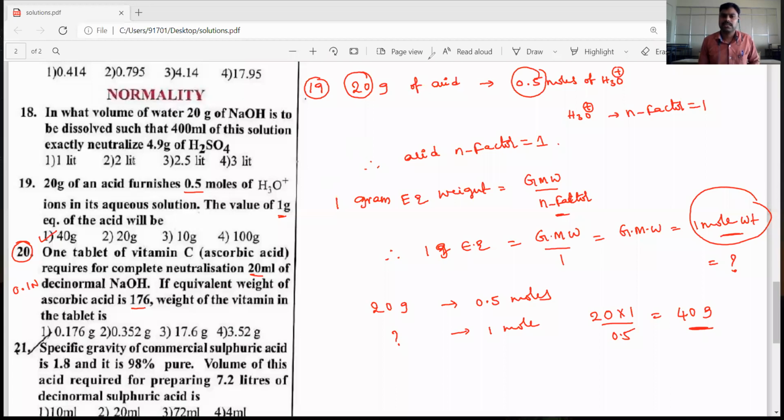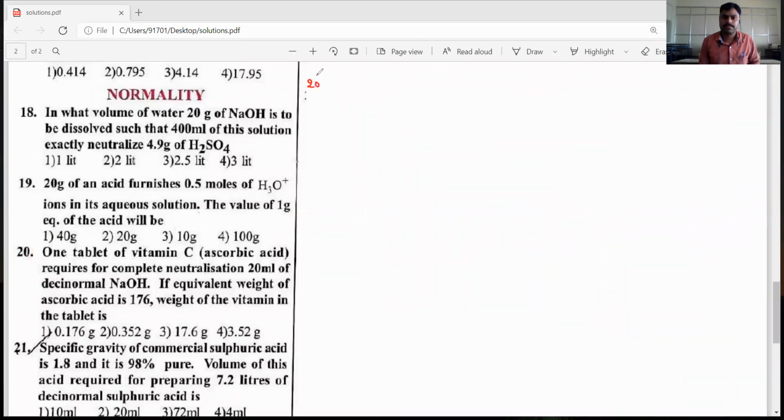So in this case, the number of equivalents of acid is equal to the number of equivalents of base. It is very clear, dear students, the number of equivalents of base is nothing but normality into volume of base in liters. And for NaOH they gave decinormal, 0.1 normal, but the normality of vitamin C is not given.